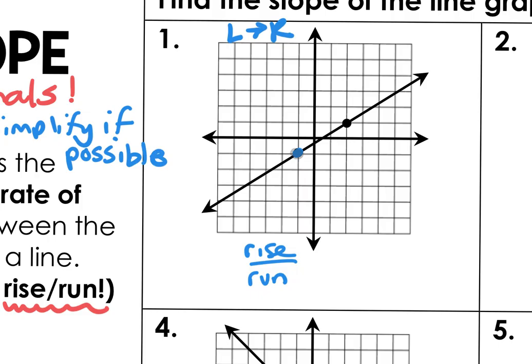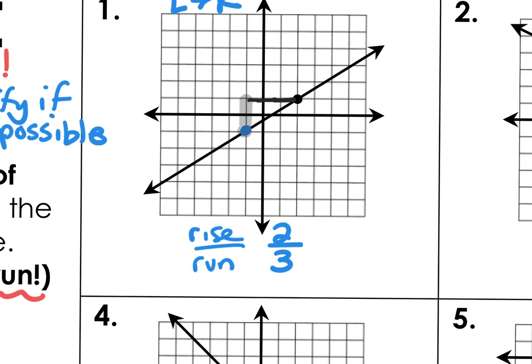I'm moving up 2 spaces, so that's my rise. I rose 2 spaces, positive because I went up. I'm running to the right 1, 2, 3. So my slope is going to be 2/3. I can't simplify it. That's it. No decimals. Don't say 0.666 repeating. It's 2/3. Very easy. You're counting.